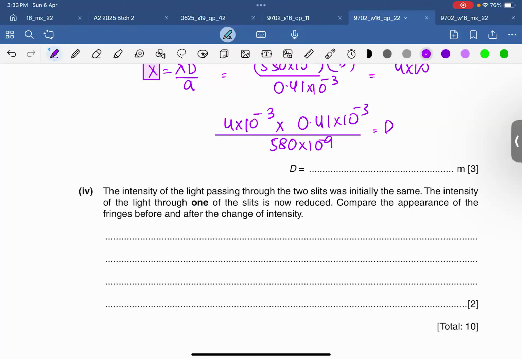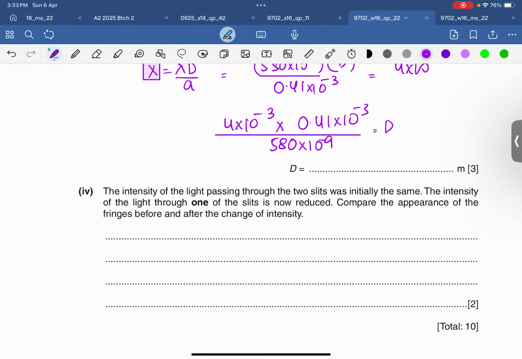Now for the darkness, previously since both amplitudes were exactly the same, the destructive interference causes no light to appear on the screen, right? There will be a straight line, nothing, a dark spot. But now, since you have reduced one of the intensities, this will cause the resultant amplitude to be somewhat like this.